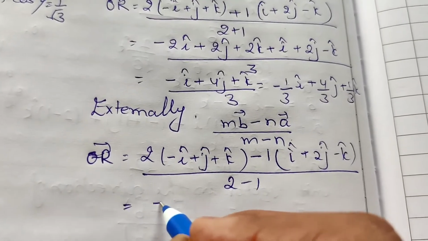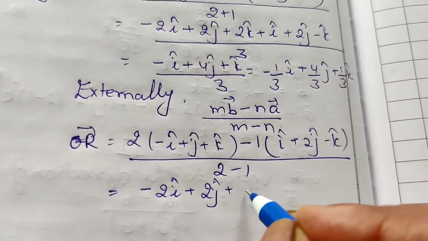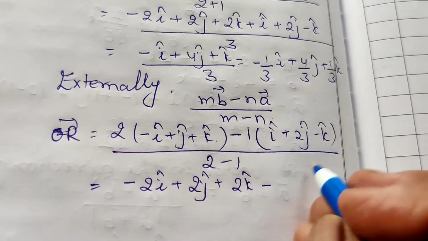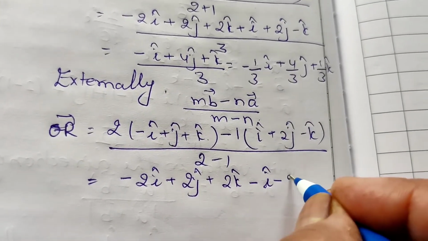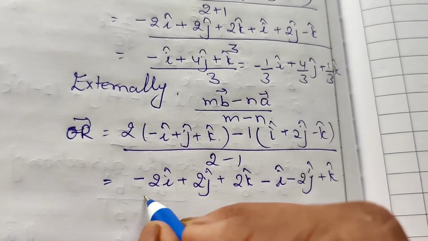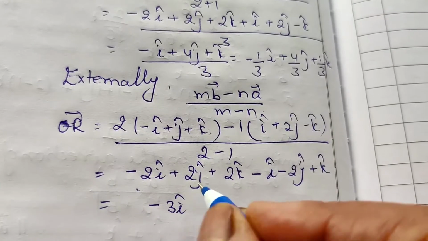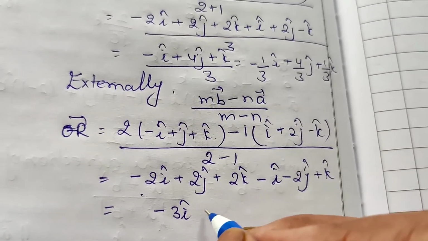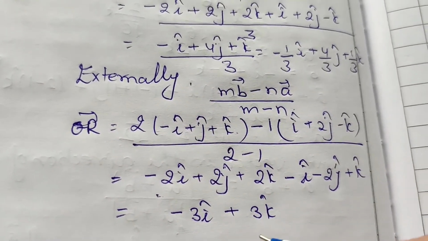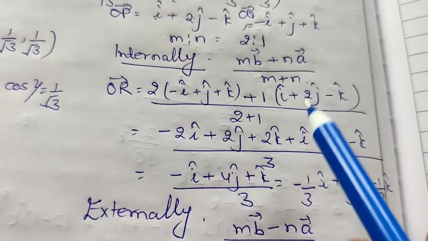Now solve. Minus 2i plus 2j plus 2k, and now minus multiplied by minus means the sign changes. No need to write divide by 1. It is minus 3i, 2j minus 2j is 0, and 3k. So minus 3i plus 3k. This is the external division and the earlier one is internal.